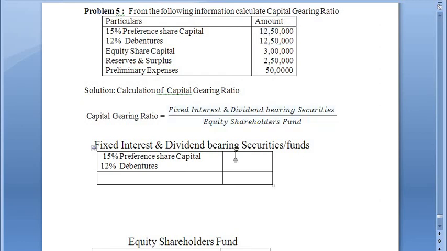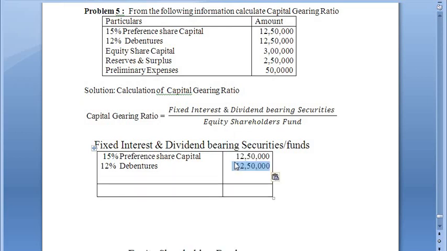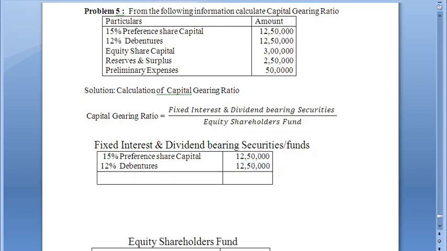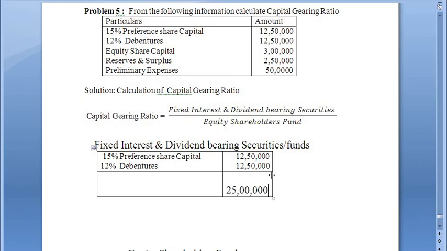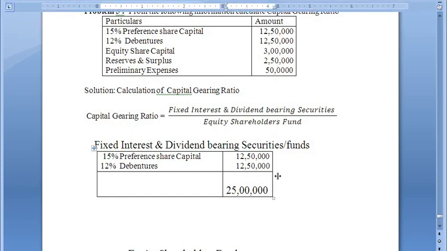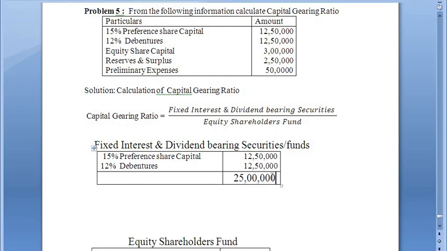Amount of debentures, same, 12,50,000. Okay, now make the total. It is 25 lakh. Only this much is there. There is no long term loan given. So the amount of fixed interest and dividend bearing funds is how much? 25 lakh.